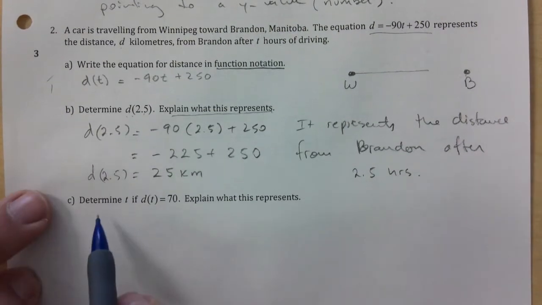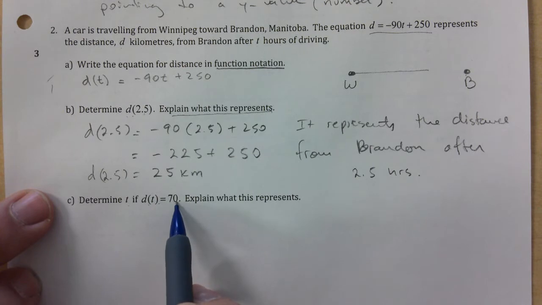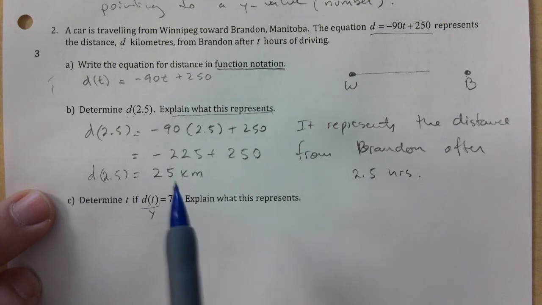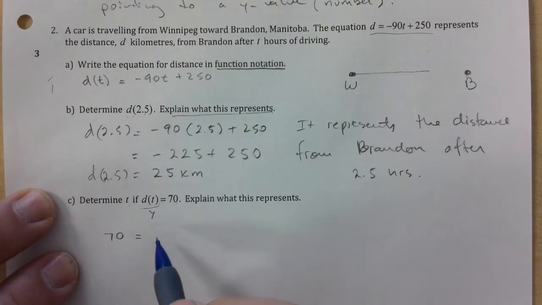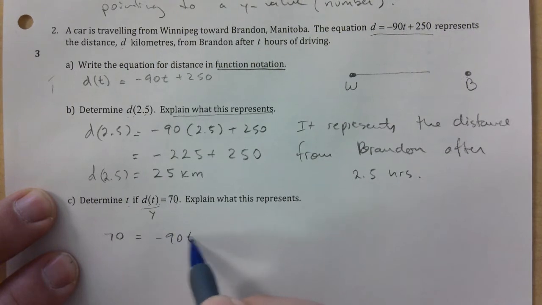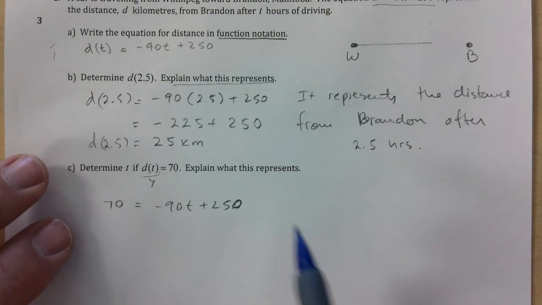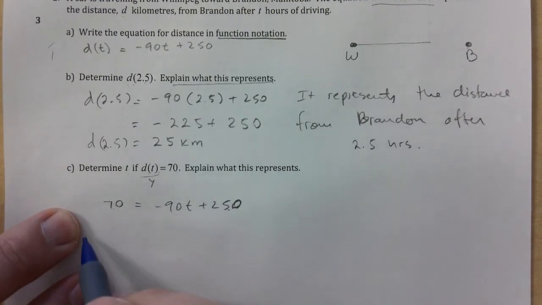Okay. Determine t if D of t is 70. So this is your y value here, if it's written like that. So in the function, you replace that with 70, and then you have negative 90t plus 250. Okay. And so what you do here is you bring this over, and that'll be coming over subtracting.